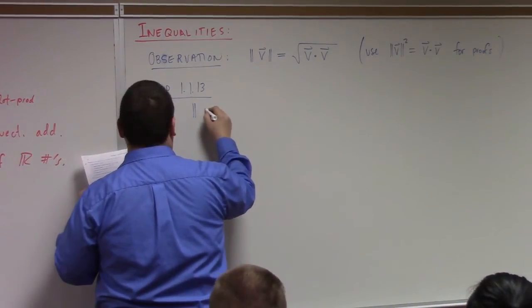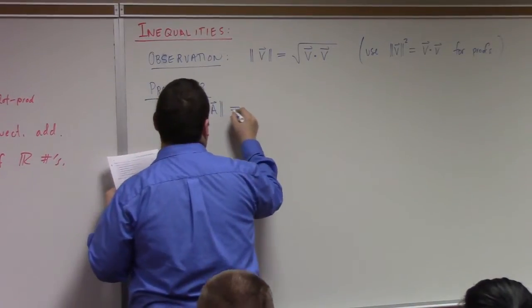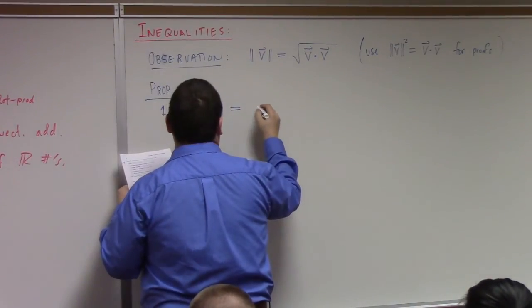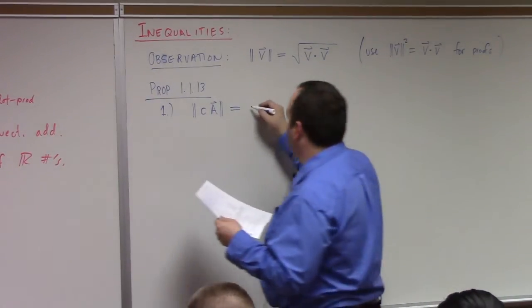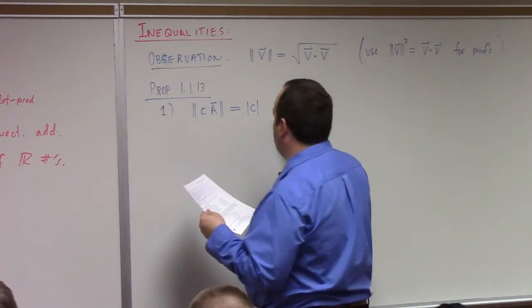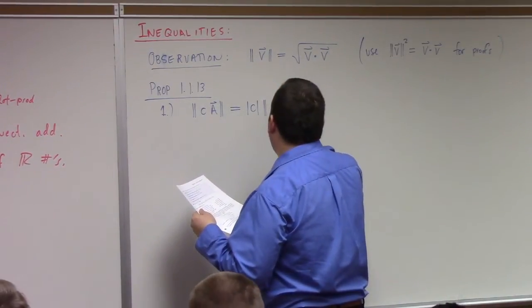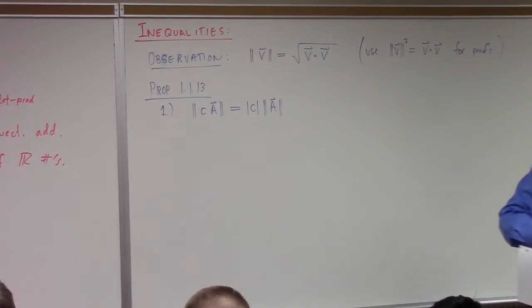So here's the rundown. First of all, the norm of c times the vector a. I mentioned this last class, but I'll prove it here in just a second. If I have c times the vector a, a scalar multiple of a, that is equal to the absolute value of c, the magnitude of c as a real number, times the magnitude of a.